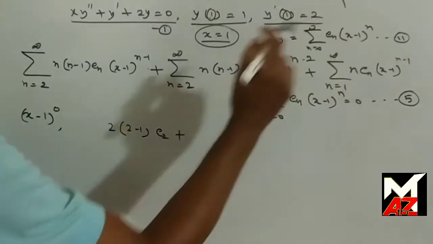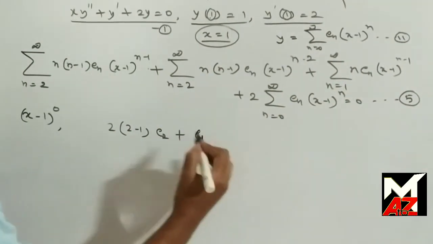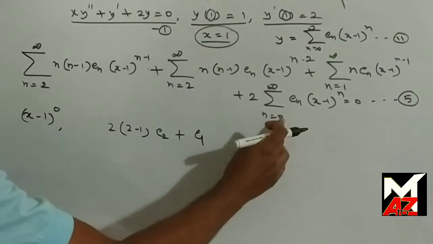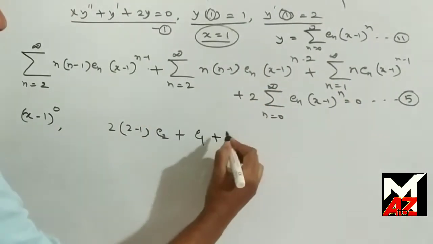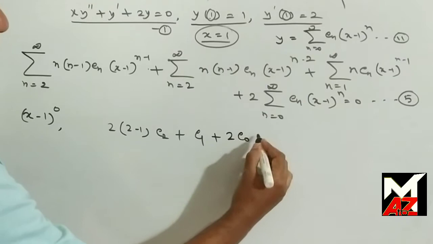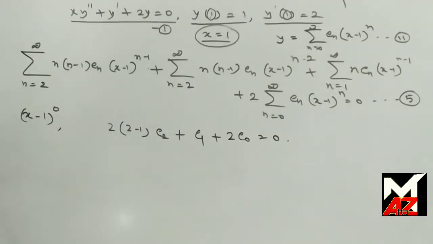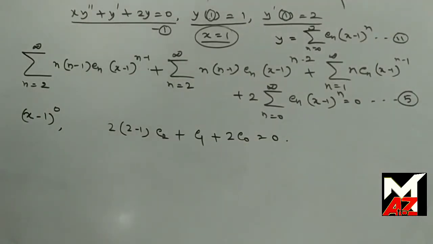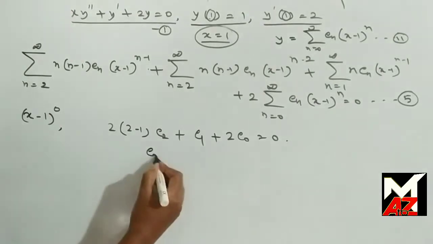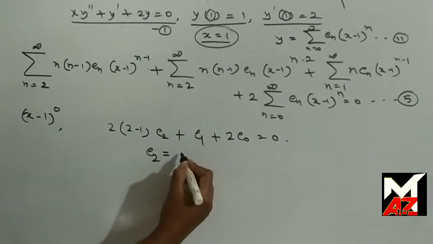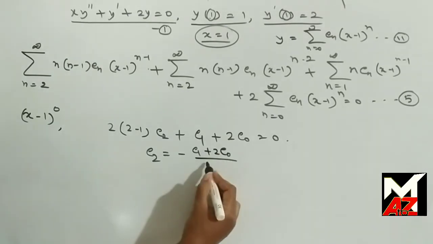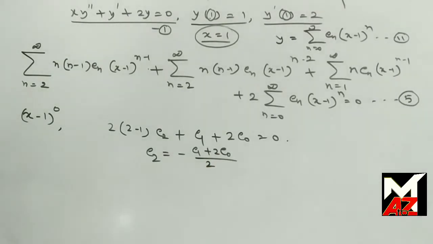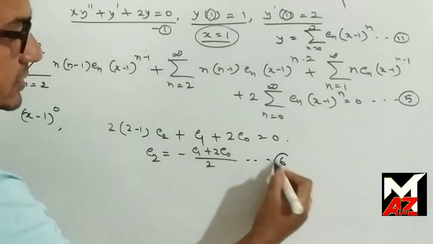If we put n equal to 1, that is C1. Also here if we put n equal to 0, then we get x minus 1 to the power 0. So here from 2 C0, this is equal to 0, and this gives C2 equal to minus C1 plus 2 C0 by 2, right, and this is 6.